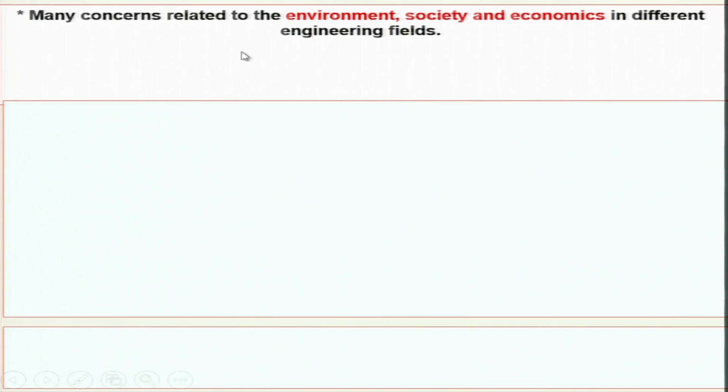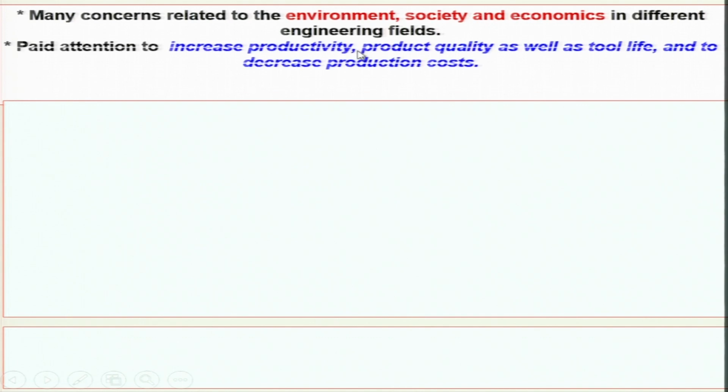Many concerns related to the environment, society and economics in different engineering fields are there. Paid attention to increase productivity, product quality as well as tool life, and to decrease production cost, because the last is also very important, that production cost should be minimum possible. It is beneficial to the consumer as well as to the producer.